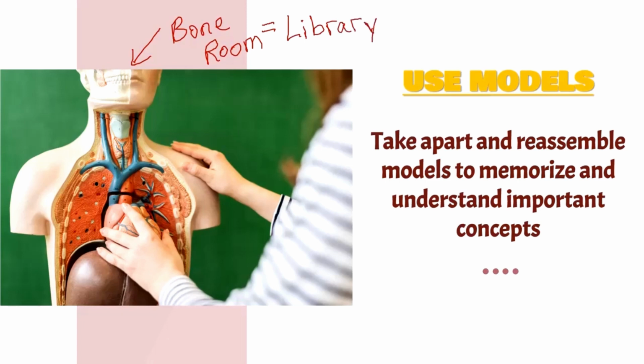So if you're tutoring a student in anatomy and physiology, you will most certainly want to take them up to the bone room in the library and use the models that they have up there. And so you can take apart and reassemble the models to understand and memorize the important concepts and the anatomy that you need to study.